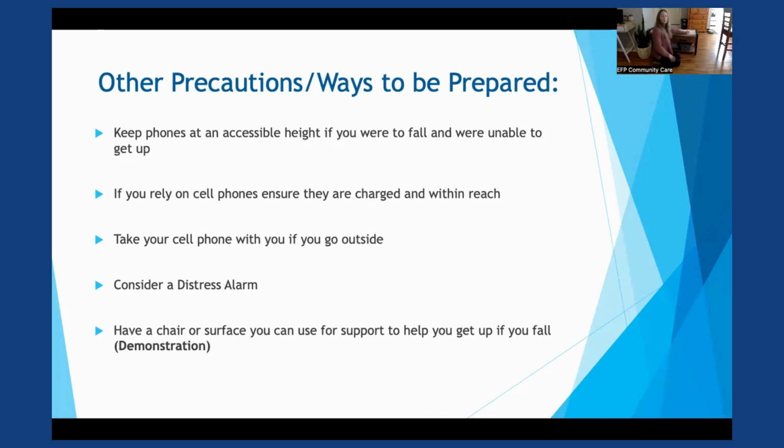Okay, so once you do get to that surface, we're going to be using our arms, okay, on here. And then if we've injured one side of our body, so one side of our lower body, we want to use the leg that is not injured or that is not sore, or our strongest side. And we're going to bring that up like this, okay? Also, I'm wearing some very sturdy supportive shoes.